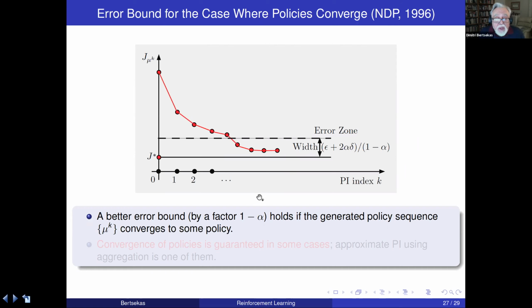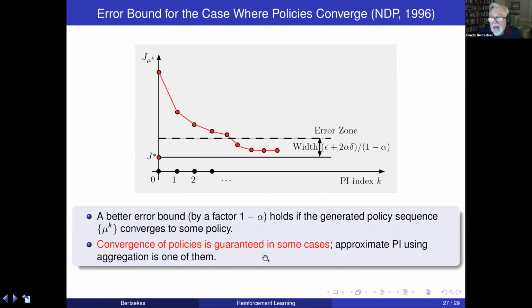And so if you can have the generated policy converge, then you obtain monotonic decrease to something that's within this error zone. On the other hand, typically you have oscillations in approximate policy iteration. Certainly this is true with alpha 0, certainly it's true with backgammon. In most cases, unless you use a particular type of method for policy evaluation, which has some properties, you're not guaranteed convergence.